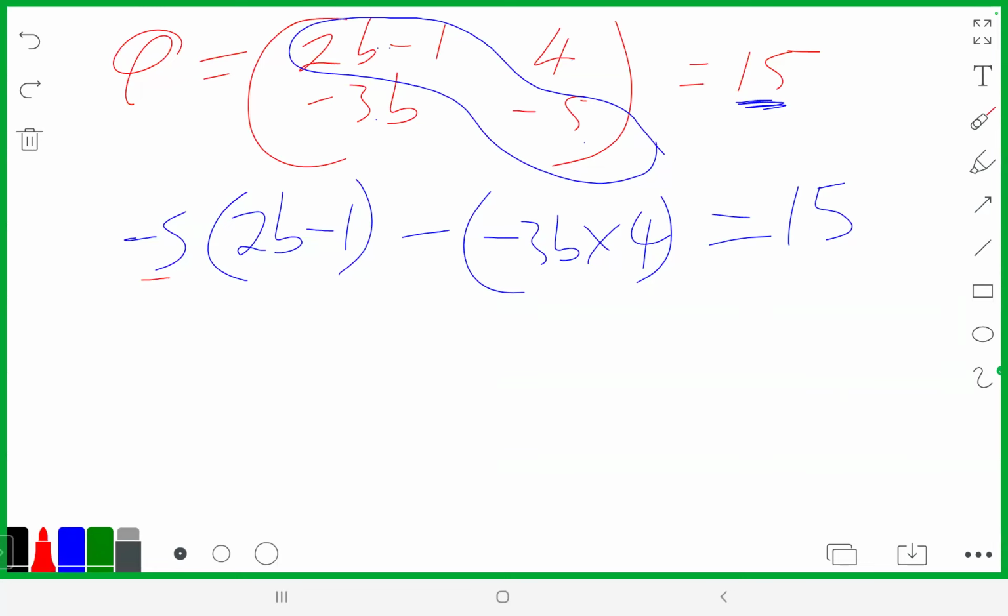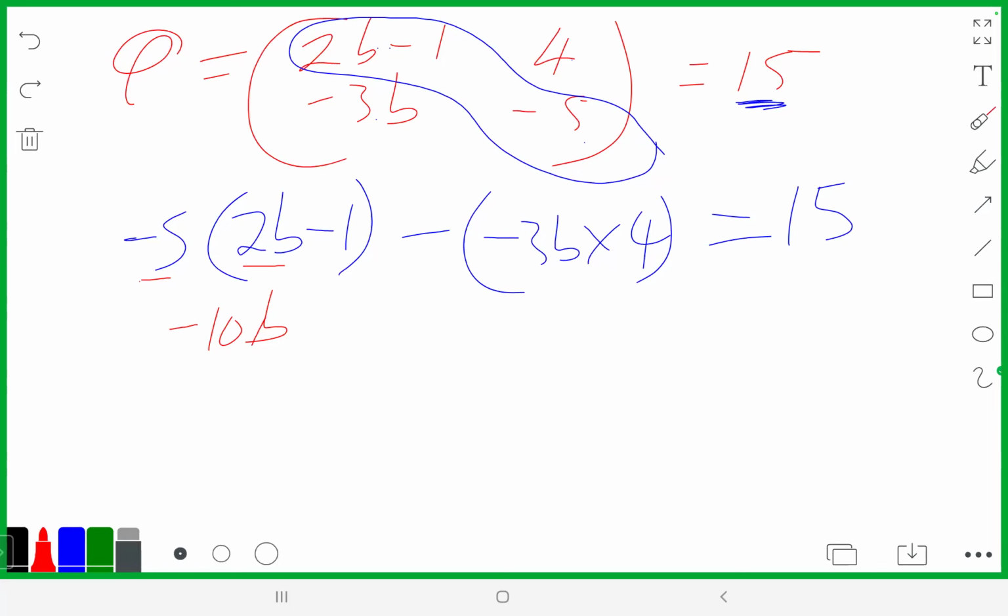What is negative 5 times 2b? Remember the law of expansion. Negative 10b. Brilliant. What is negative 5 times negative 1?